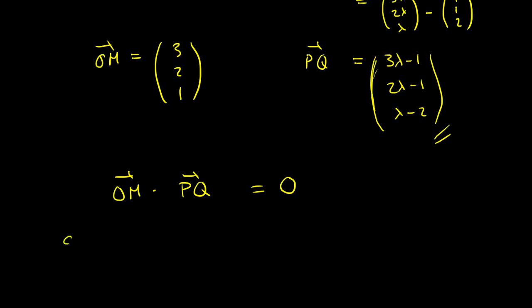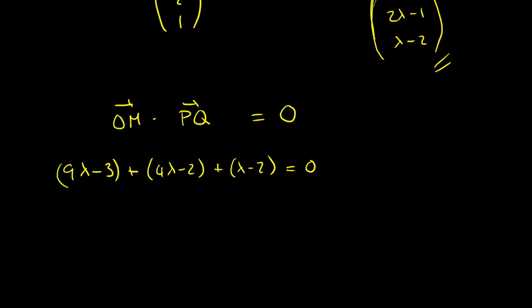So that's going to give me 9 lambda minus 3, plus 2 times that, so it's going to give me 4 lambda minus 2. Plus this times that, so it's going to be lambda minus 2. Okay, and if I combine all those, 9 lambda plus 4 lambda is 13 lambda, plus lambda is 14 lambda. Sorry about that, it's a bit messy there. Let me just tidy it up. 14 lambda. And we've got 3 plus 2 plus 2, which is 7. So lambda is equal to a half, right?